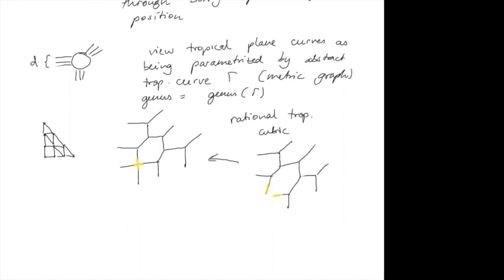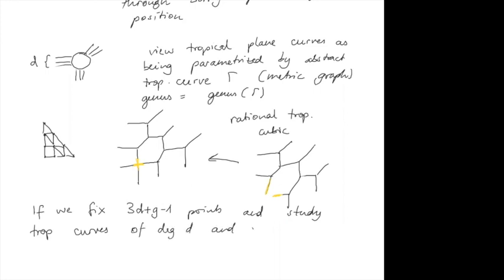Okay, and then as I also said, we discussed the dimension of the moduli space of tropical curves. If we fix 3D + G - 1 points and study tropical curves of degree D and genus G passing through those points, then we expect a finite number.